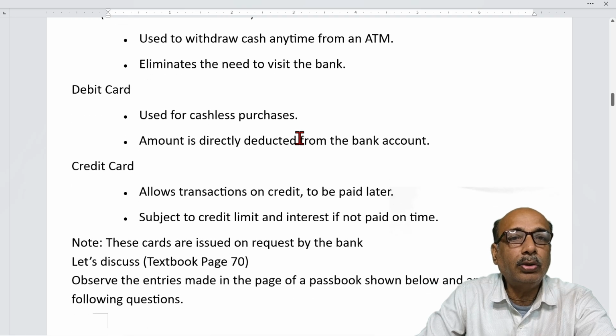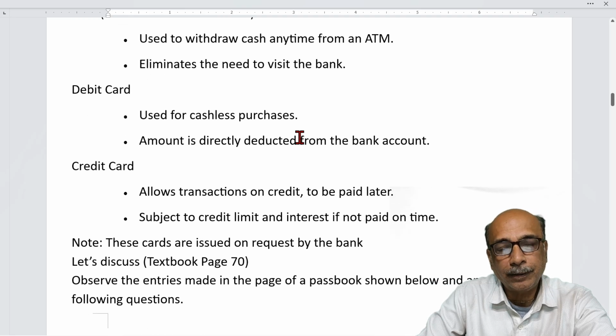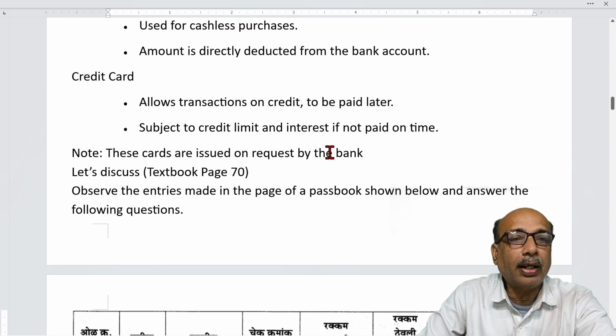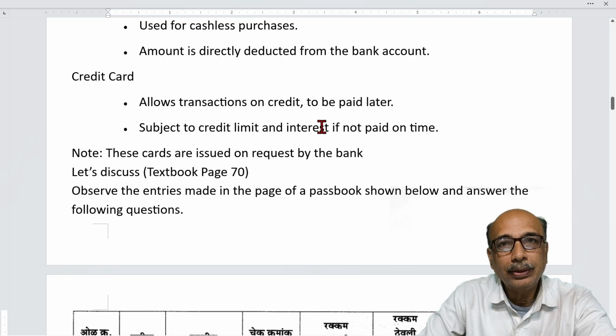Debit card used for cashless purpose. This is when you are going for shopping and all. At that time, the amount is directly deducted from the bank account and it can be paid to anyone. Credit card allows transactions on credit to be paid later.